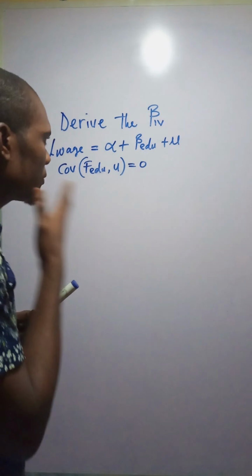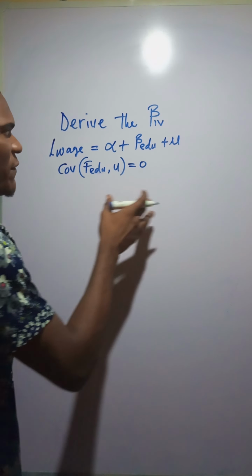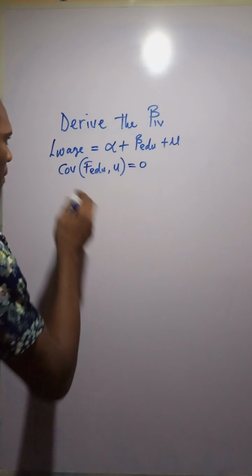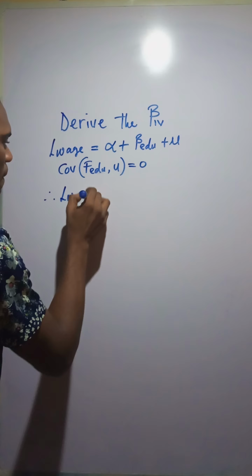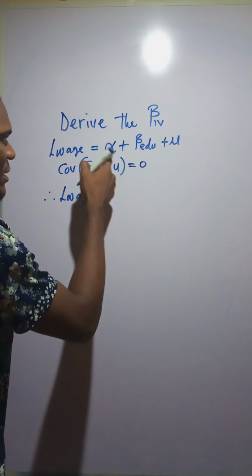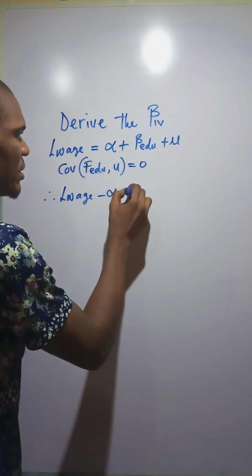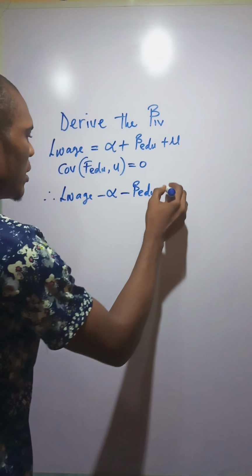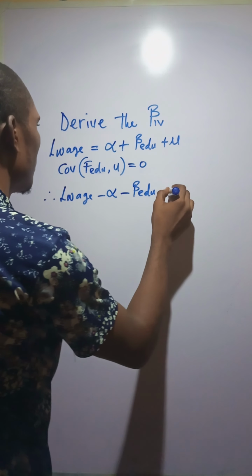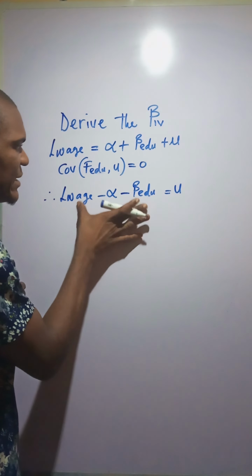Okay, so what do we do? We don't have the error term, so we have to make out the error term. From here we have the labor wage minus alpha, minus beta education, equal to your error term. So we are going to replace this here.